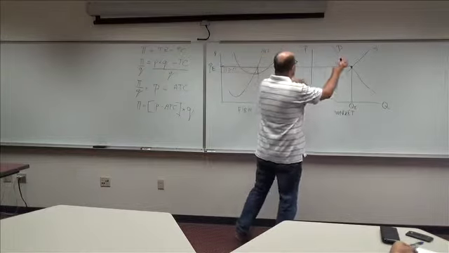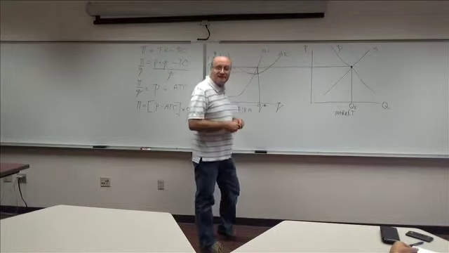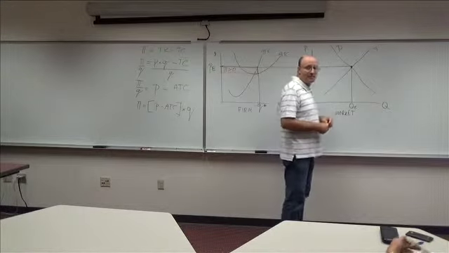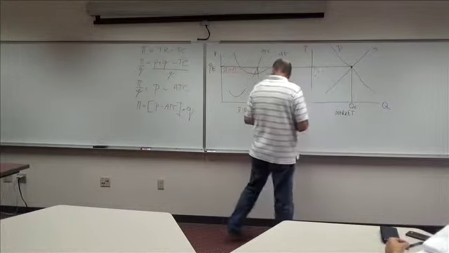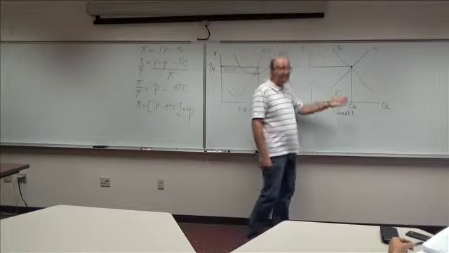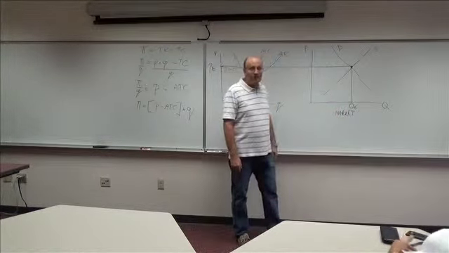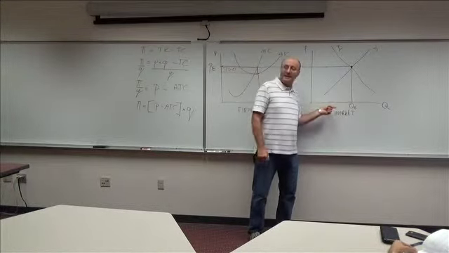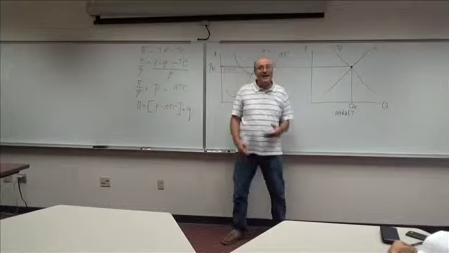Which of the two curves shifts when we have more firms in the industry? Supply. Supply curve shifts in which direction, as we have more firms? To the right, correct. Why to the right? Because they're producing more. Bingo, because that's the direction of increasing output, right?